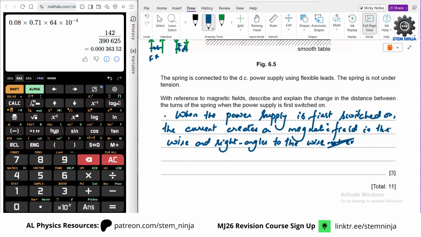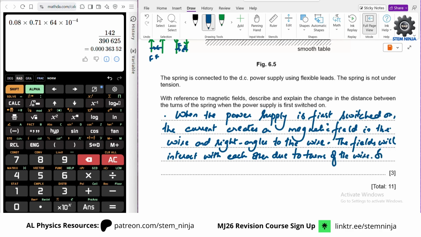So the fields will interact with each other due to turns of the wire, since current flowing is in the same direction.